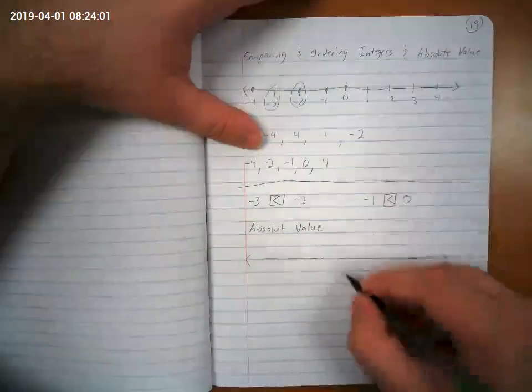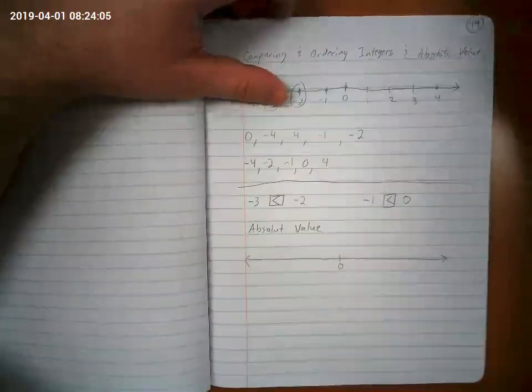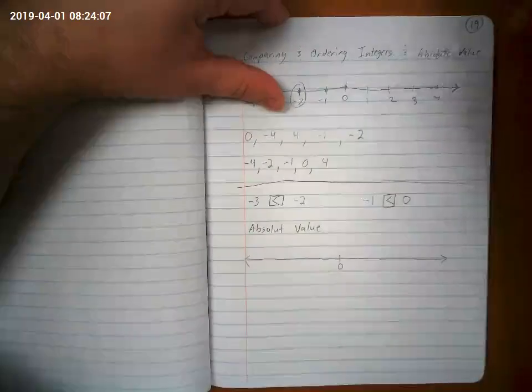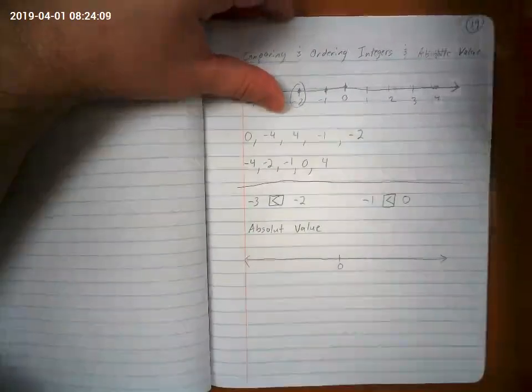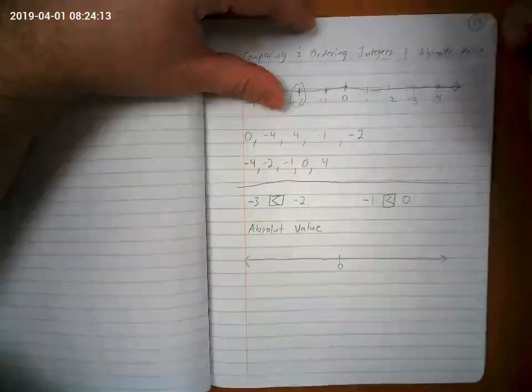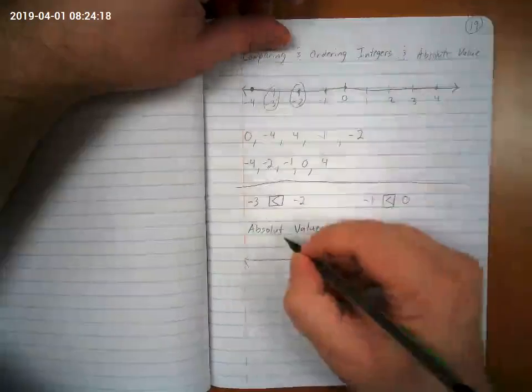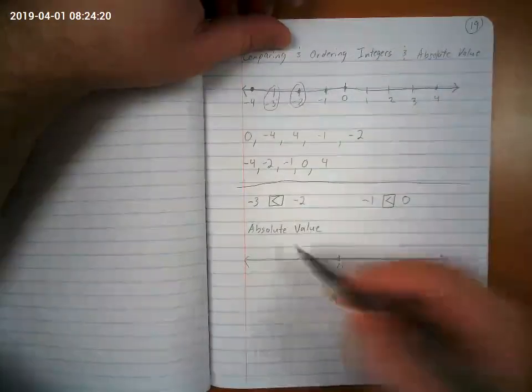And we discussed something similar to this before. When we discussed opposites, opposites are two numbers that are the same distance from 0, but on different sides of 0. One goes to the left, one goes to the right. Well, opposites actually share the same absolute value, and I just spelled absolute wrong, so let me fix that.